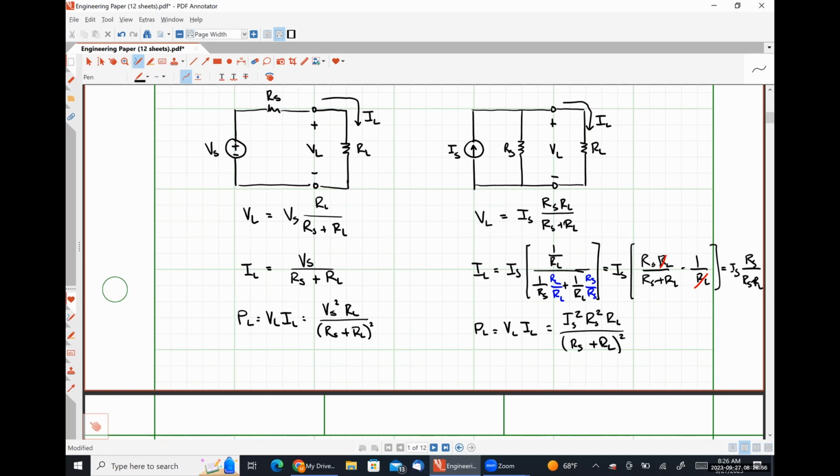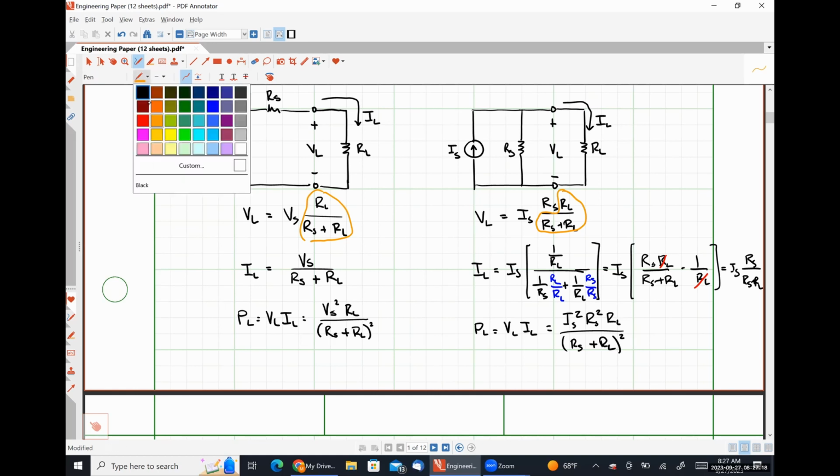Let's look at the voltage relationship here. What do they have in common? There is a factor of RL divided by RS plus RL that's common to both.